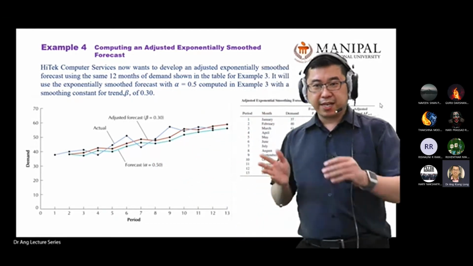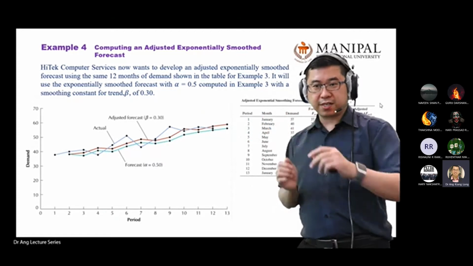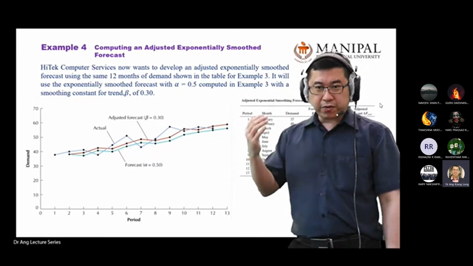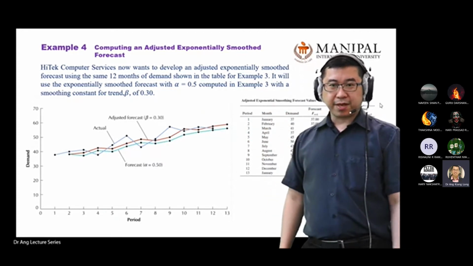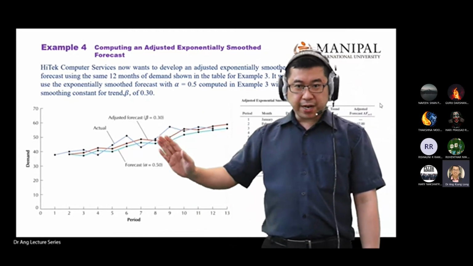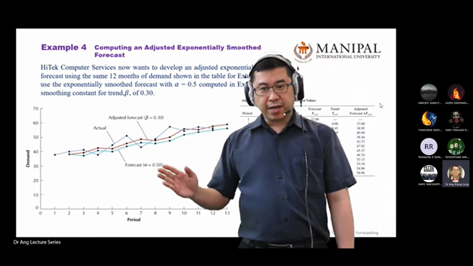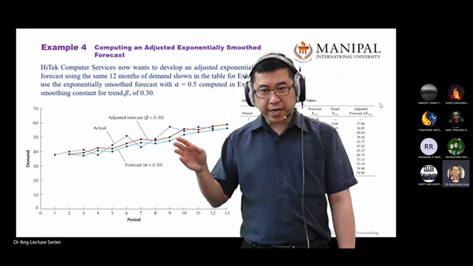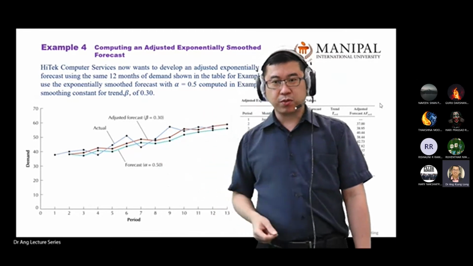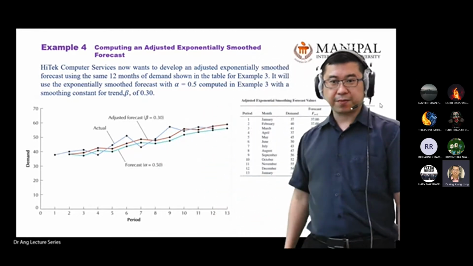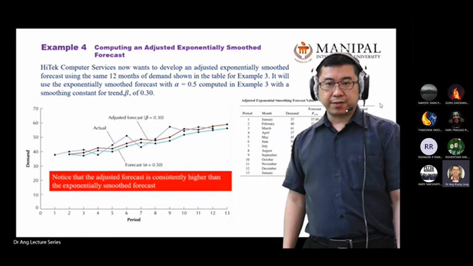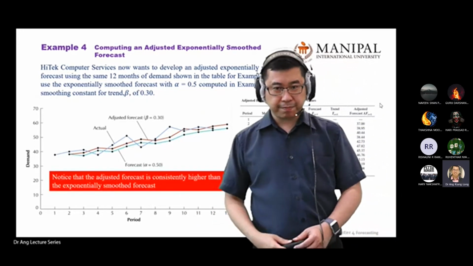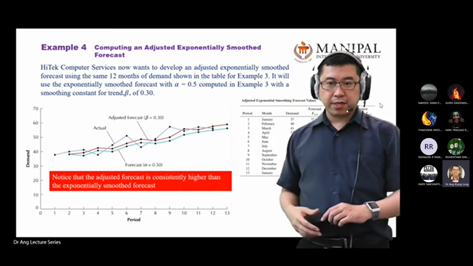It means that it's a little bit closer to the real data. So this is a very good estimation. Both are good, but one gives you a little bit closer to the real data. So these are the explanations.